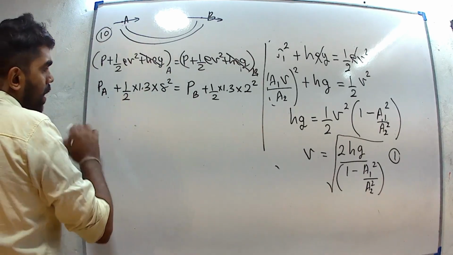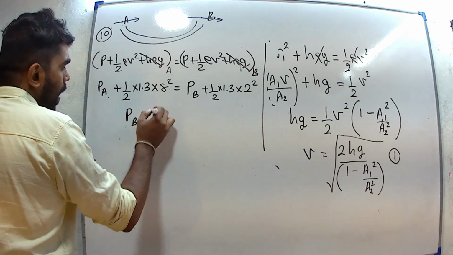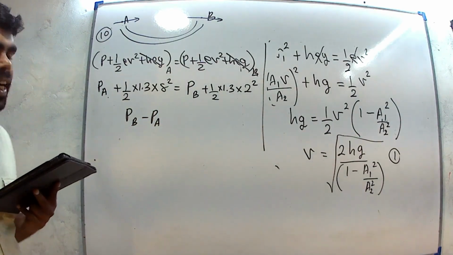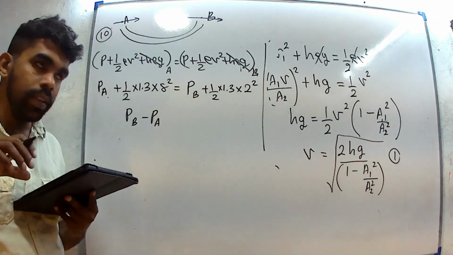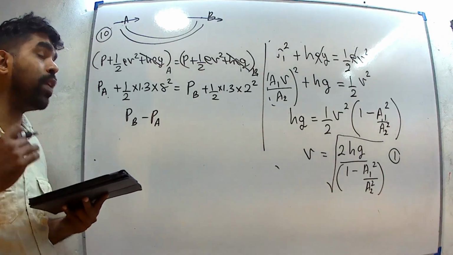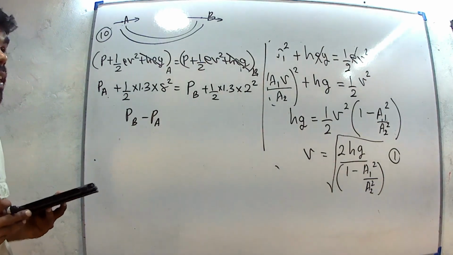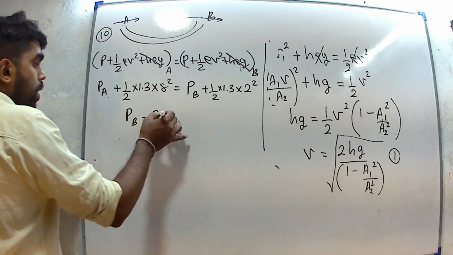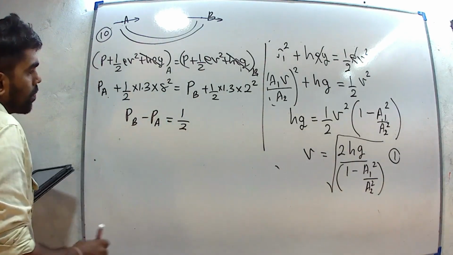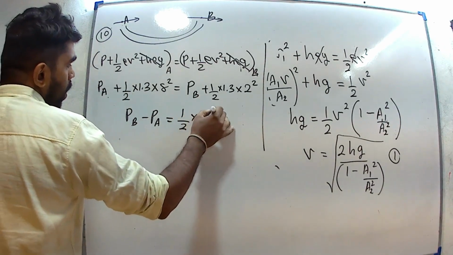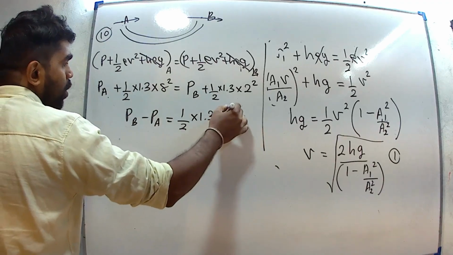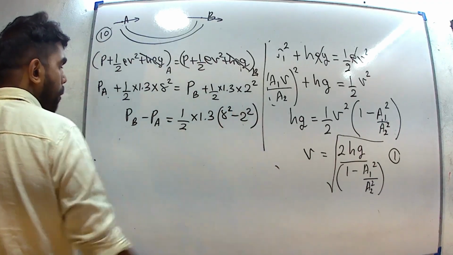Then I will find PB minus PA because pressure at B is the greater value. We know that pressure at B is greater because the velocity at B is less than at A. Then PB minus PA equals half times 1.3, these two terms being common factors, times 8 squared minus 2 squared.